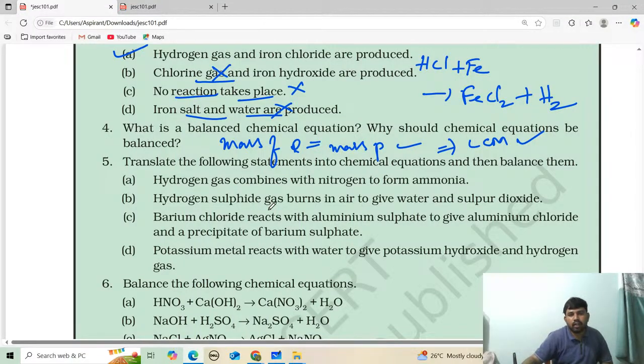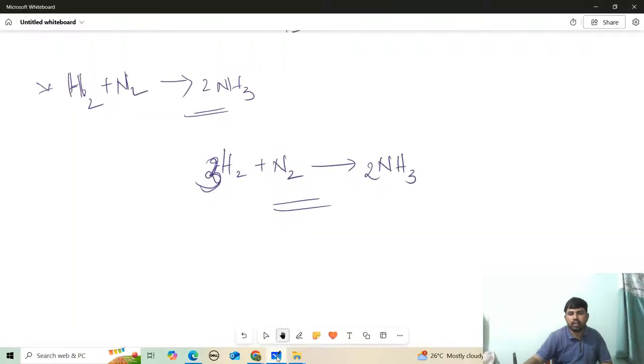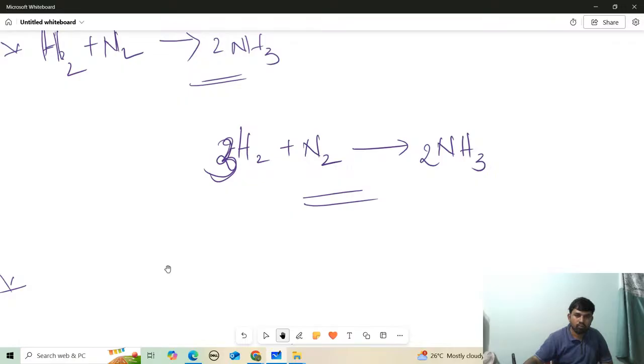Hydrogen sulfide gas burns in air and produces water and sulfur dioxide. Hydrogen sulfide formula, what, sir? Hydrogen sulfide formula is H2S, plus O2, burns in air.